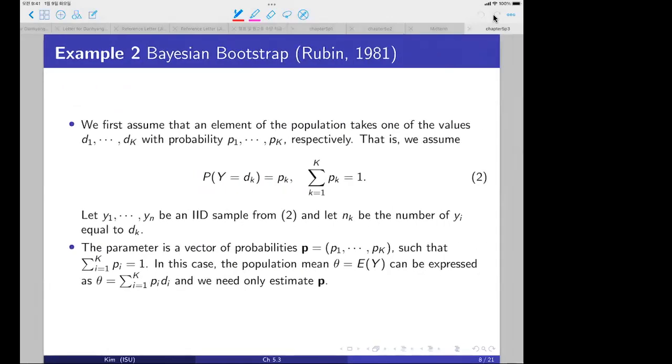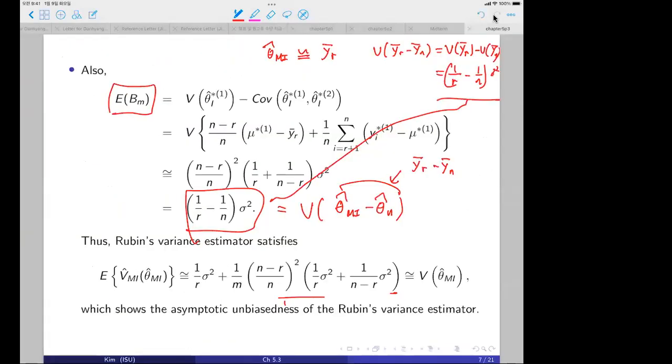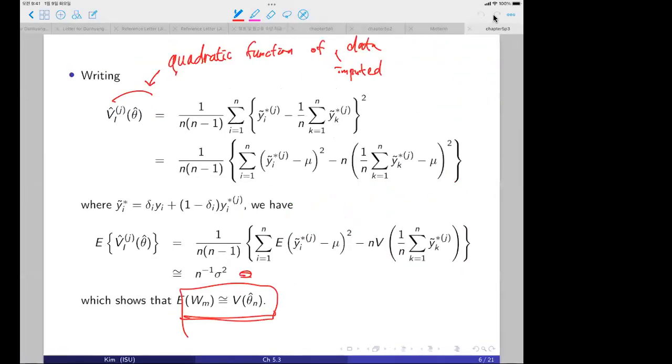And another one, which is kind of interesting, is the Bayesian bootstrap. Probably you heard about Bayesian. So you need to show that in the condition for theorem 5.2, there is a condition saying that the variance of imputed data is asymptotically equivalent to the variance of the complete sample.